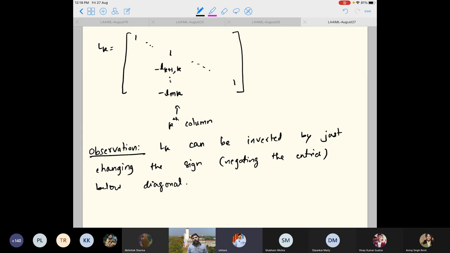The only entries which are not equal to 0 below the diagonal are present in the kth column. All other entries are 0. So changing the sign there does not make any change. The only change will happen in the kth column. Whatever entries are below the diagonal, you will change the sign for those entries. And after you change the sign, you will get the inverse, right? That was the observation.